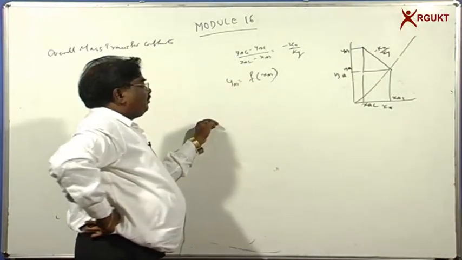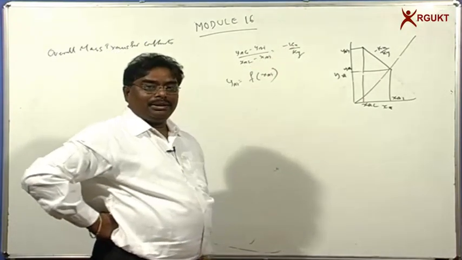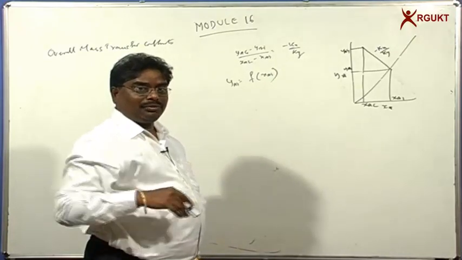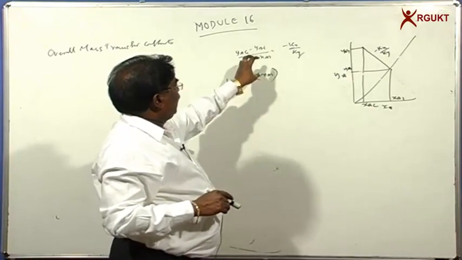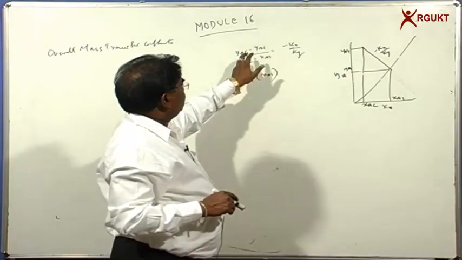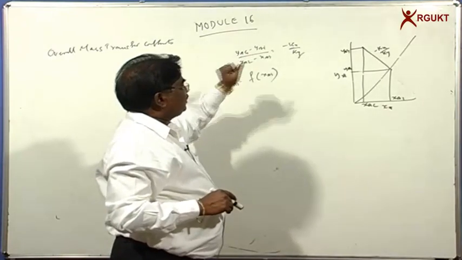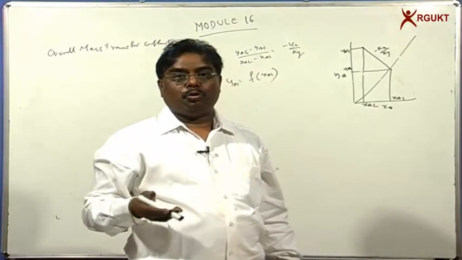At the same time, it is not easy to estimate the mass transfer coefficient in the liquid phase as well as in the gas phase. So one can conclude that the calculation of YAI and XAI from this equation is not so simple. Then what to do?